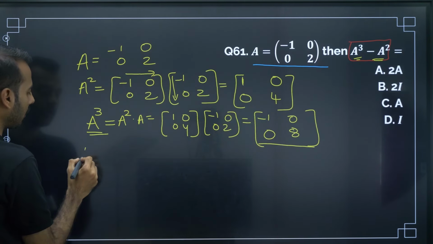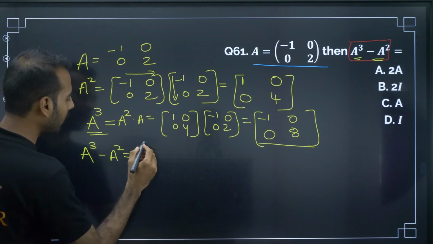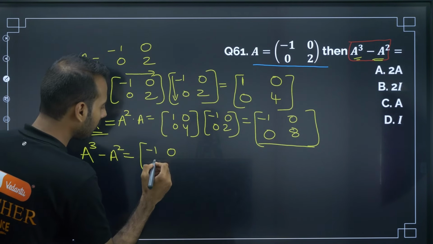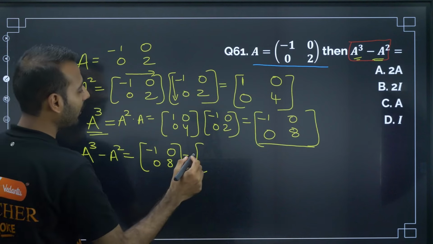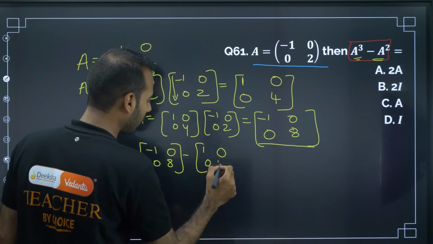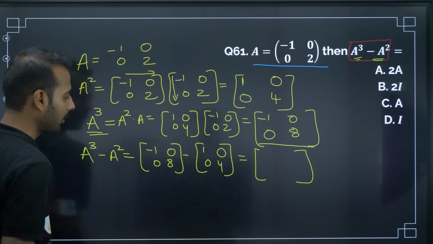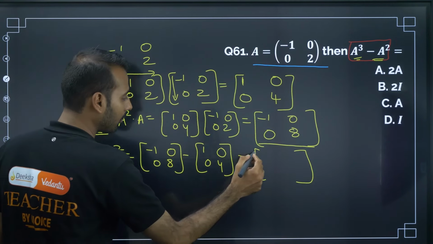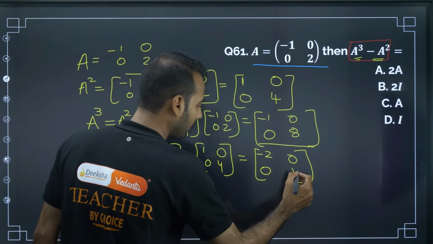Now a cube minus a square. A cube is minus 1 0 0 8. A square is 1 0 0 4. A square is this. Now if I subtract, minus 1 minus 1 is minus 2, 0 0, 8 minus 4 is 4.